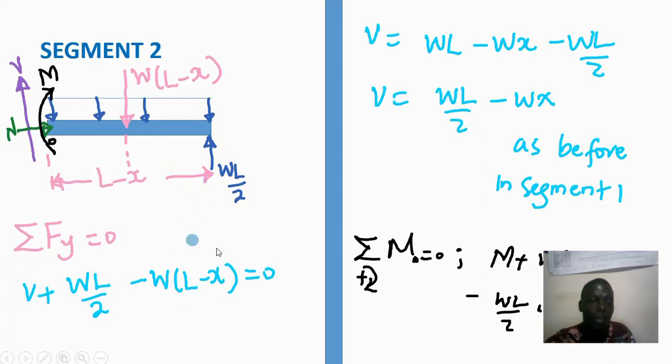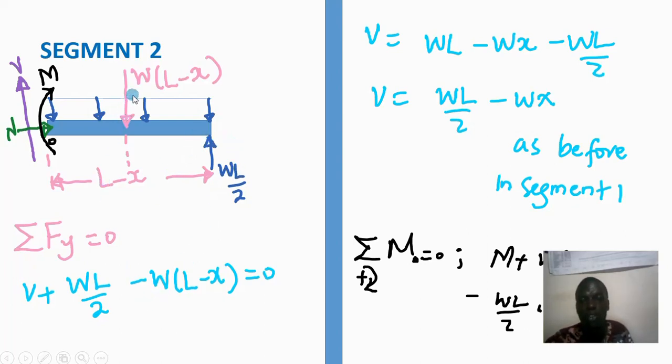If we sum the upward forces, they should be equal to 0, and we will have V, the shear force, pointing upward, then the reaction at B, another external force, pointing vertically upwards.